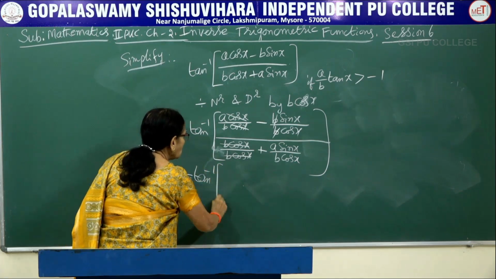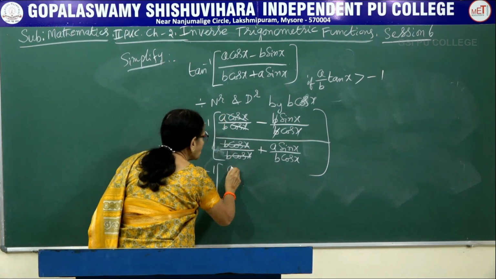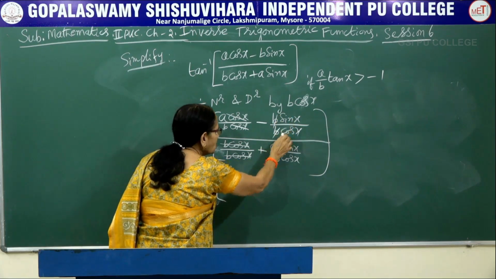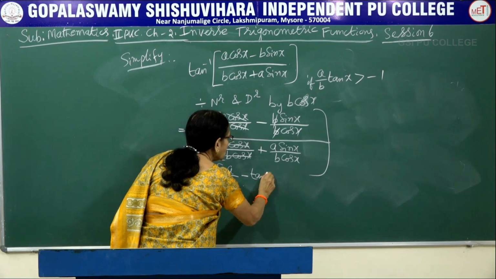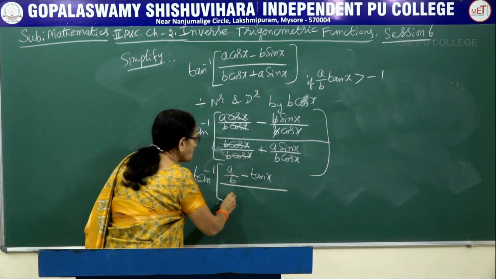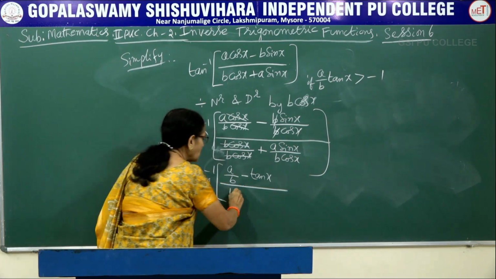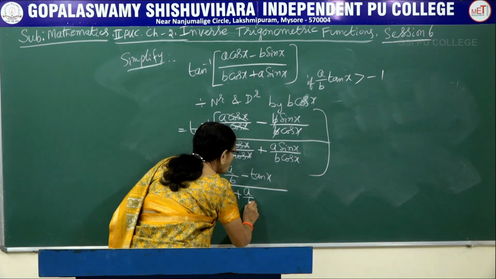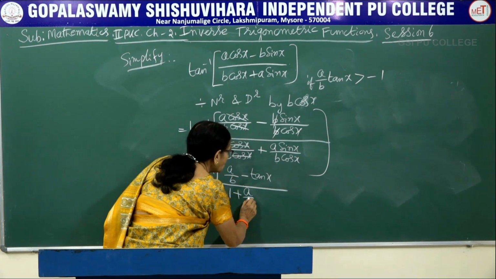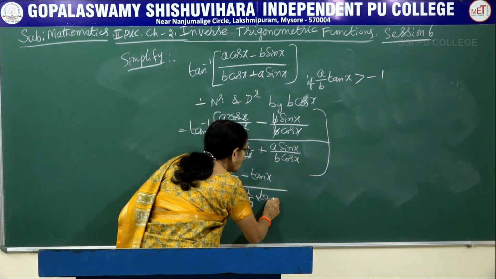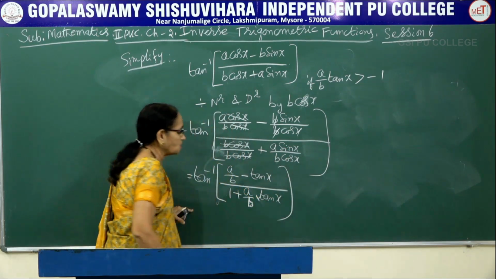It is tan inverse of a by b minus sin x by cos x, which is tan x. Whole thing divided by b cos x by b cos x, which is 1, plus a by b, no cancellation here, all the terms remain the same, into sin x by cos x, which is equal to tan x.